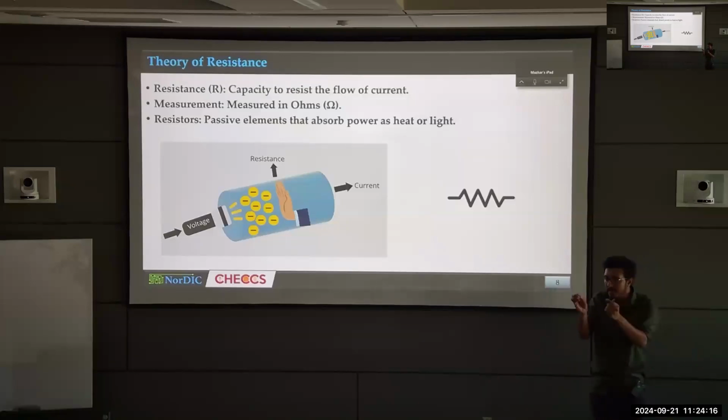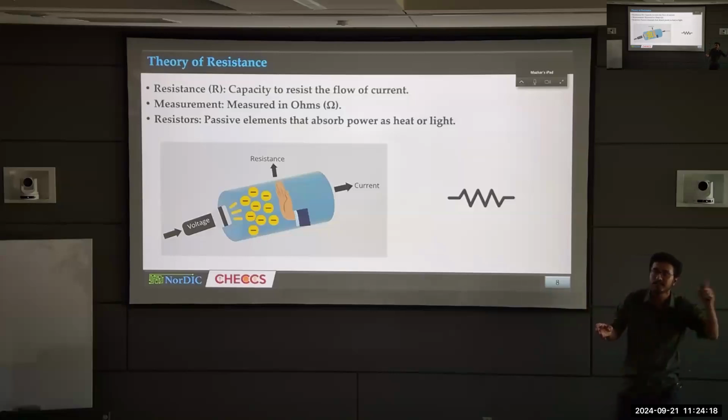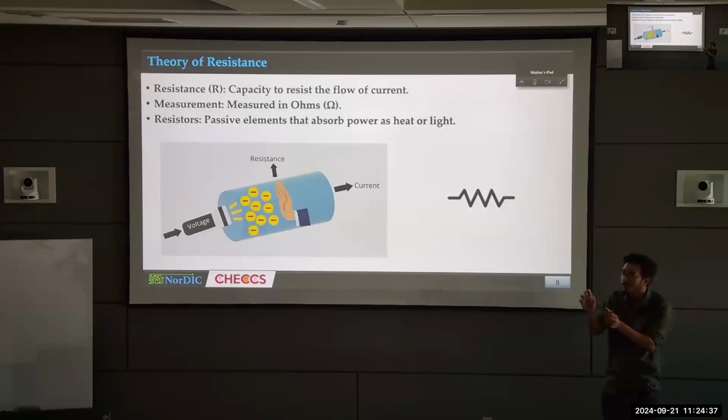For example, an electron is repelling another electron, pushing another electron. Sometimes in some materials there are atom-level phonons, which, I don't know if I will be able to cover, but there are some other sources of resistance as well. We collectively call it resistance as a measurable quantity, so that we can measure.